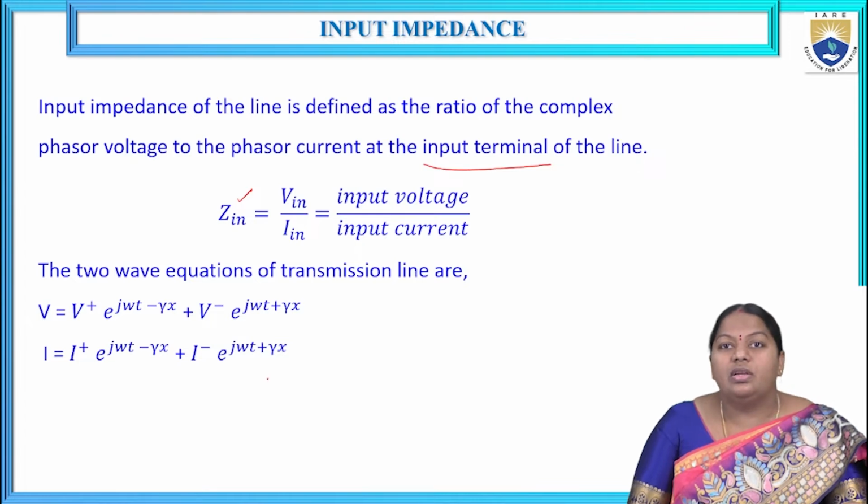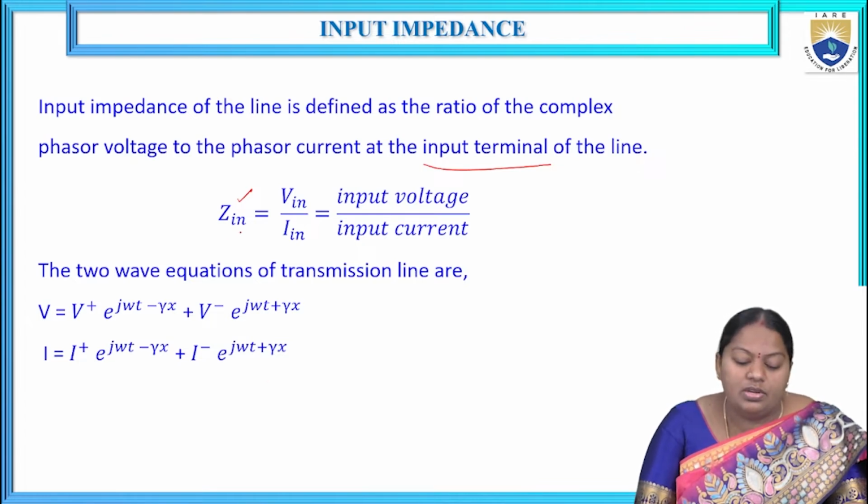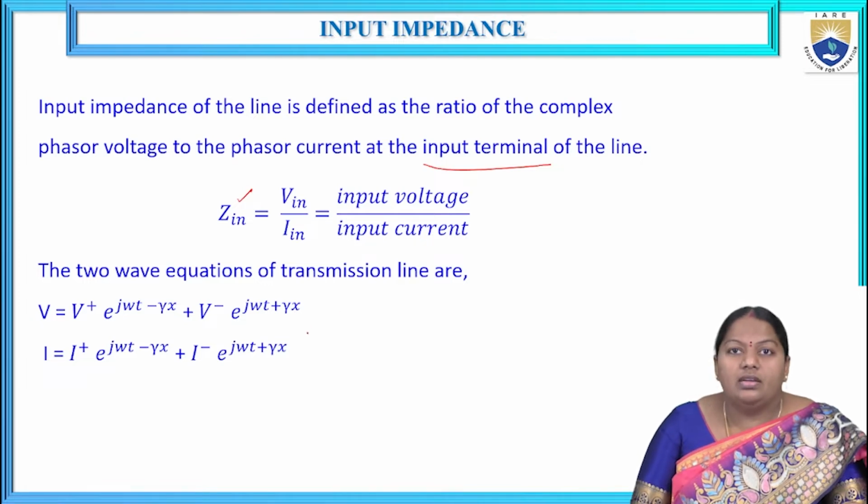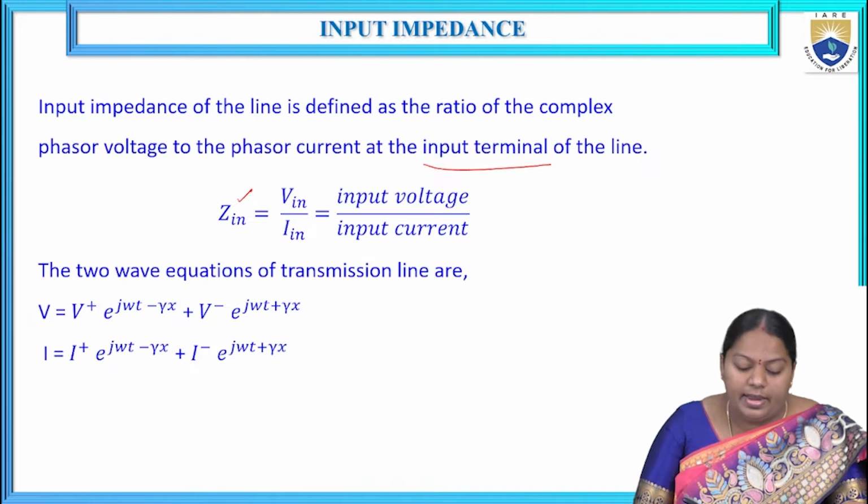Generally, the notation for impedance is Z, and for input we represent it with Z in. So Z in is equal to the ratio of input voltage to the input current, given by V in by I in. Our phasor input voltage to the phasor input current gives us the input impedance of the transmission line.